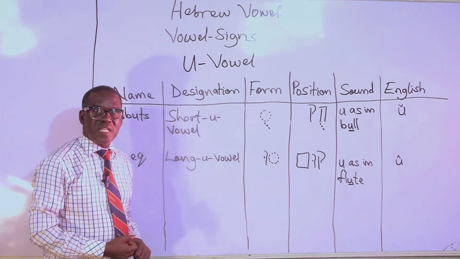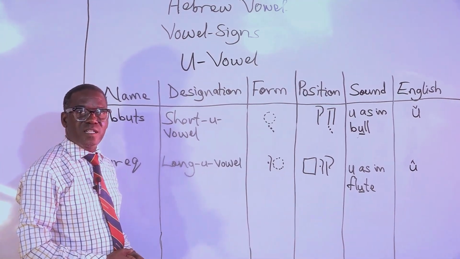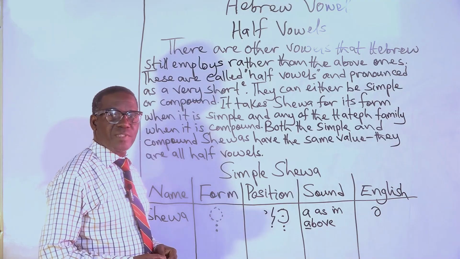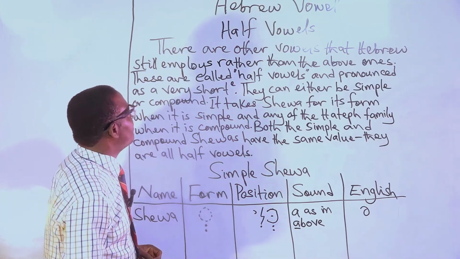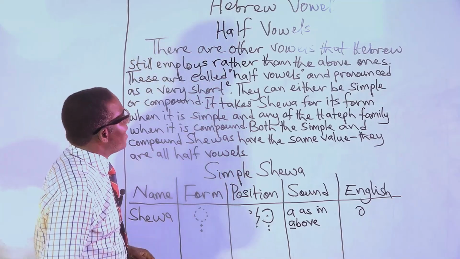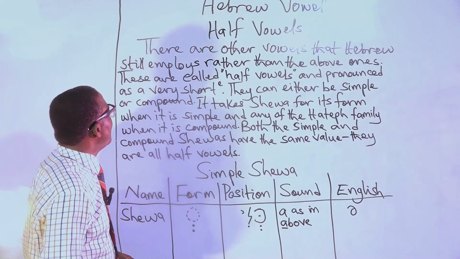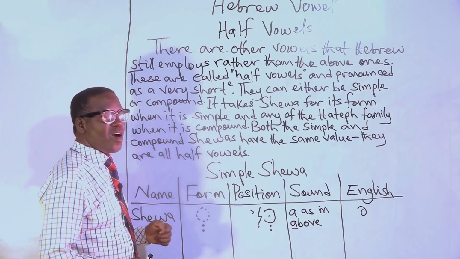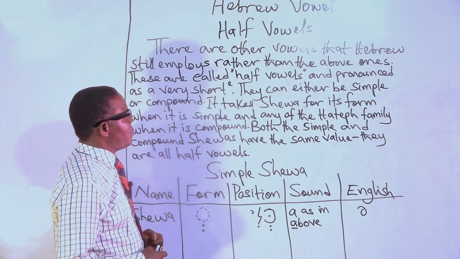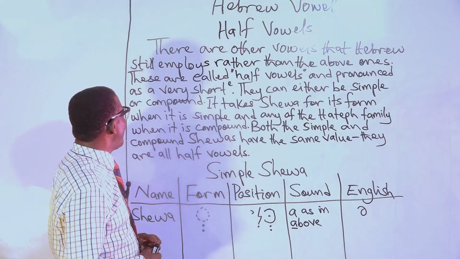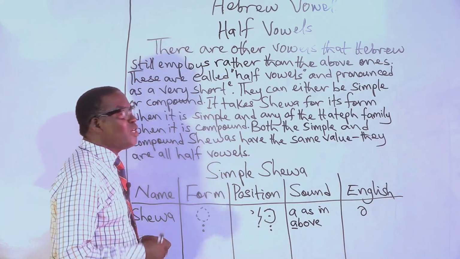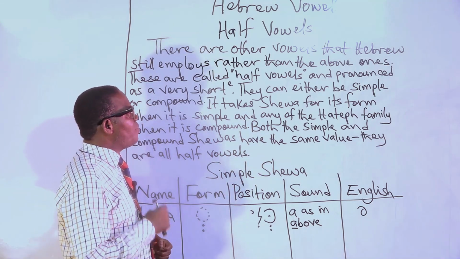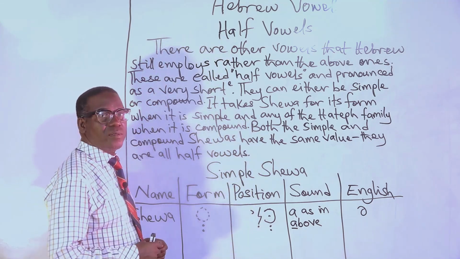Now we go to the half vowels in Hebrew. There are other vowels that Hebrew still employs other than the above ones. These are called half vowels, and they are pronounced as a very short E. They can either be simple or compound.